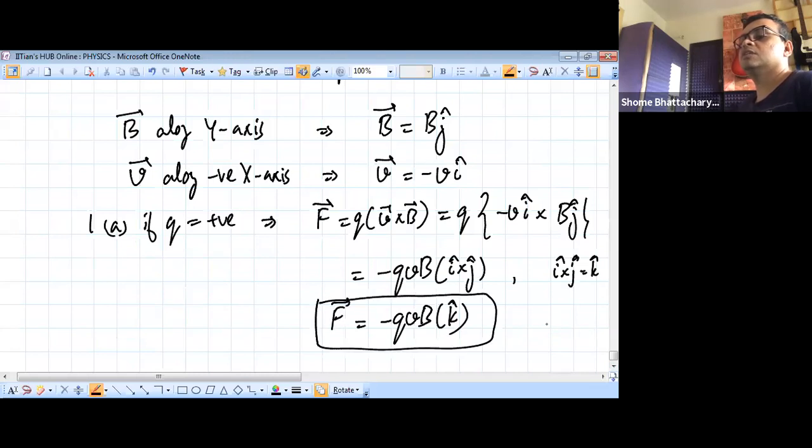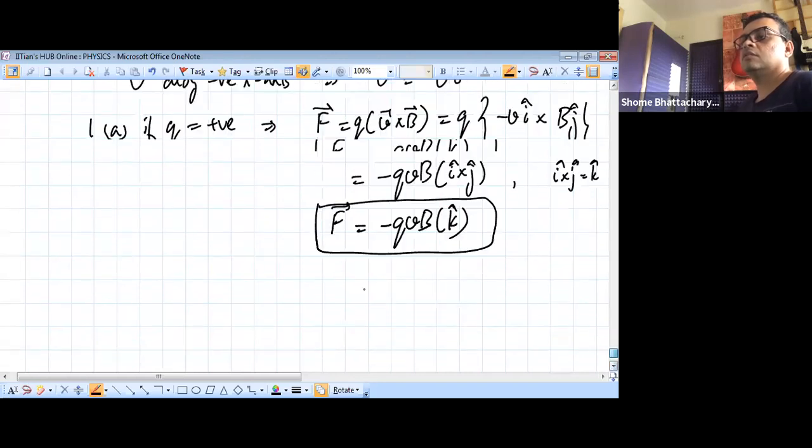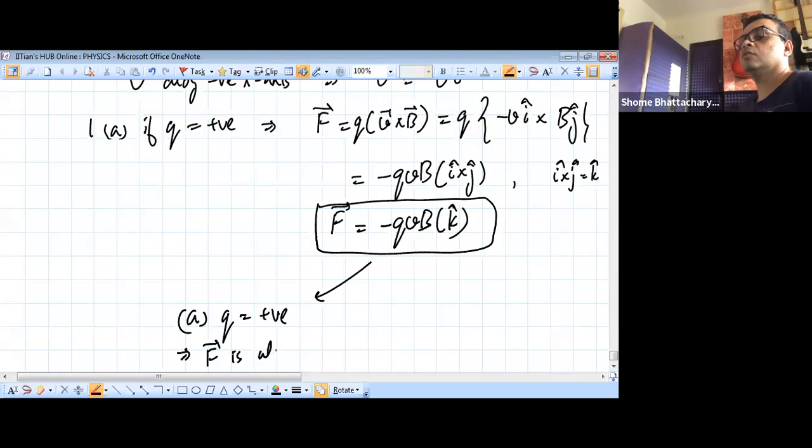From this you can see both the cases actually. If q is positive, then F is along minus k cap. In case B, if q is negative, then it becomes negative into negative, a positive quantity, into k cap.